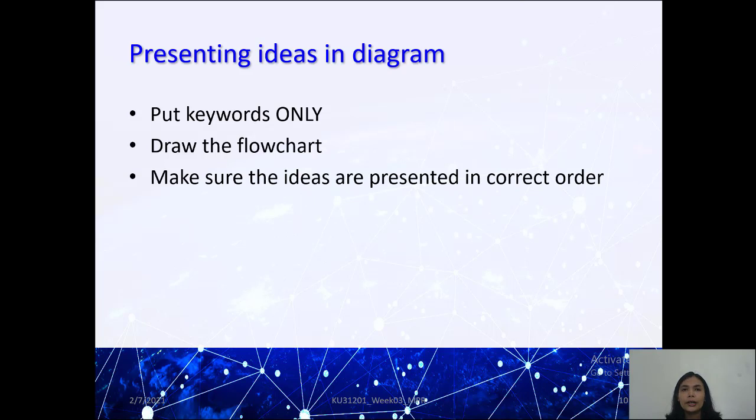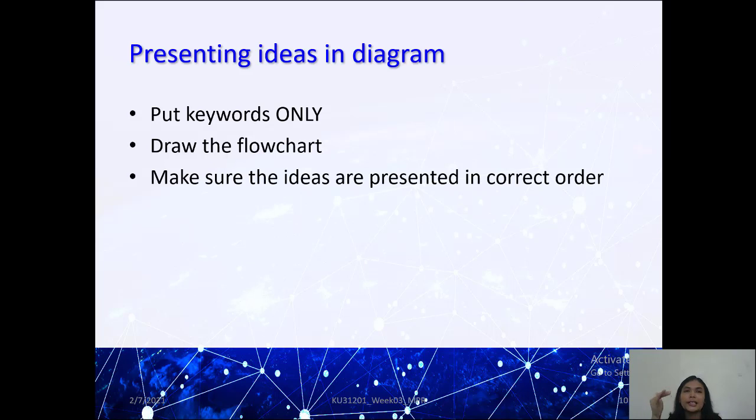Okay, now we will talk about how to present ideas in a diagram, and this is one main objective for this week's activity. There are 3 things that I list over here. The first thing that you need to do is to put the keywords only, after you read the text.